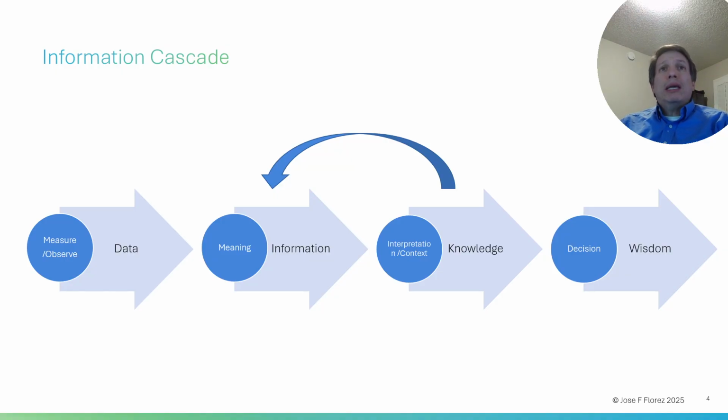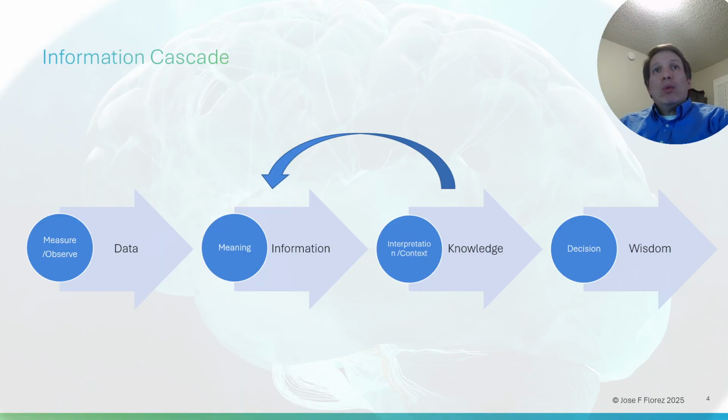The most important thing here is that the only thing that really exists outside of our brains is data. Everything else is human dependent, and we need to be aware of that. Even though we are going to be talking about health information systems and information, maybe they should be called health data systems, because we are going to be computing at the data level.